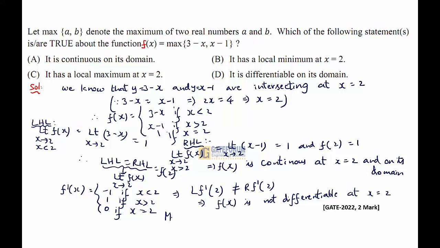And moreover, we have f dash x, which is minus 1, less than 0 for all x less than 2, and f dash x greater than 0 for all x greater than 2.